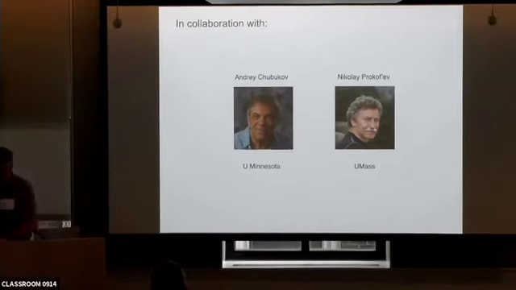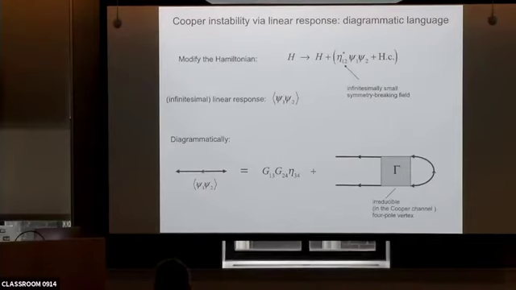So let me start by reminding you of the diagrammatic language of how we approach the problem of Cooper instability. It's convenient to add an infinitesimally small term to the Hamiltonian, which would explicitly break the corresponding U(1) symmetry in this or that pairing channel.